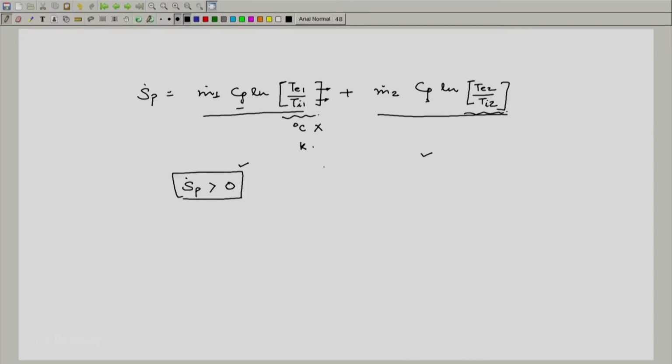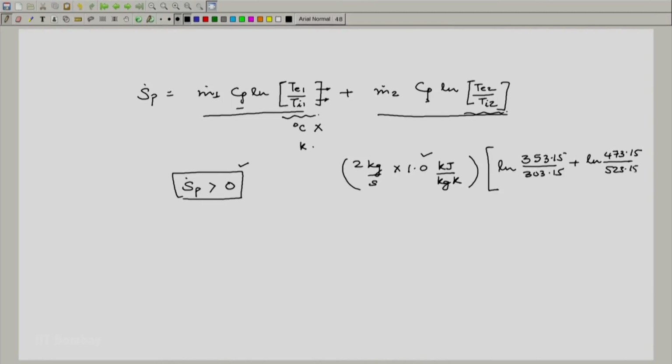So if you just go ahead and do it, you will get 2 kilograms per second for both of them, multiplied by 1.0 kilojoule per kg Kelvin for both of them. This is m dot times Cp, and then you have ln of 353.15 over 303.15, this is the inlet stream, and ln of 473.15 over 523.15. This is stream 2 and this is stream 1, and we can just put in the values.